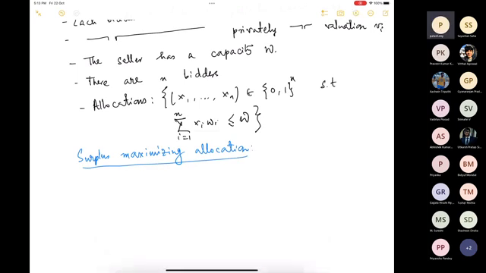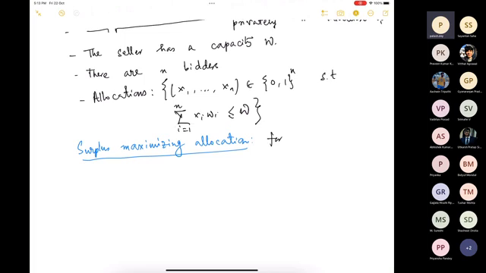So what is surplus? For bid profile B1 to Bn, the allocation x1 to xn, which is a function of B1 to Bn, what is this?